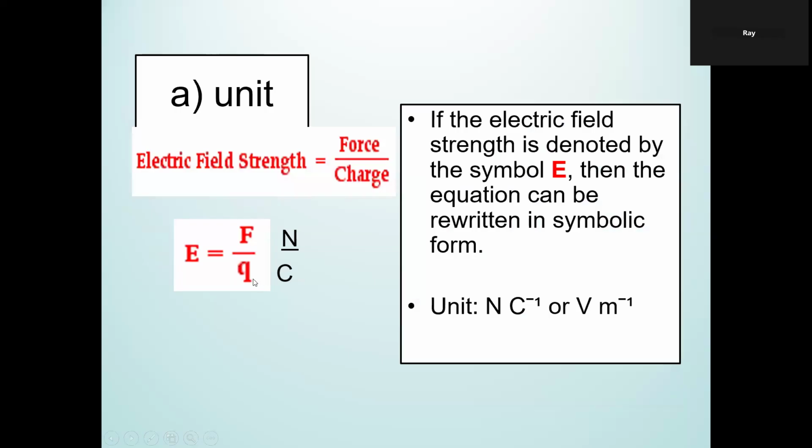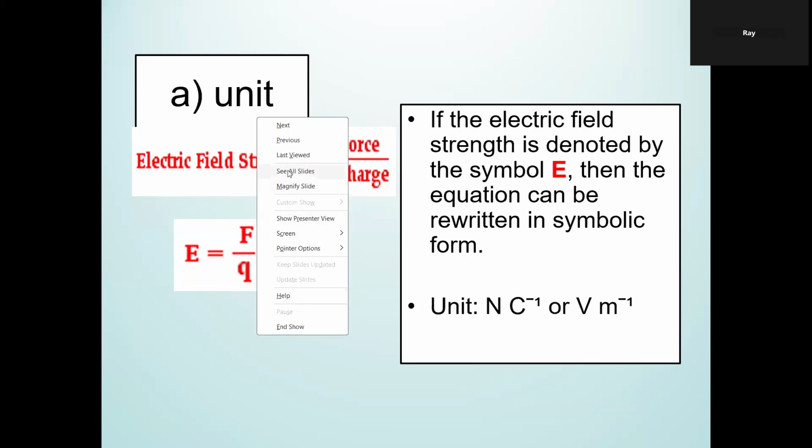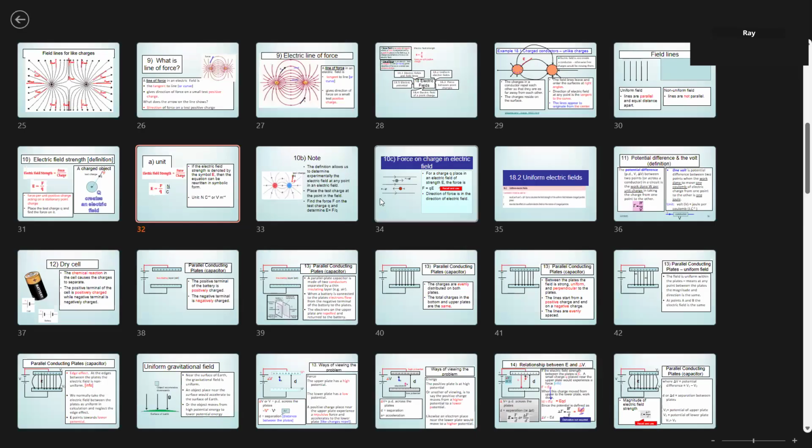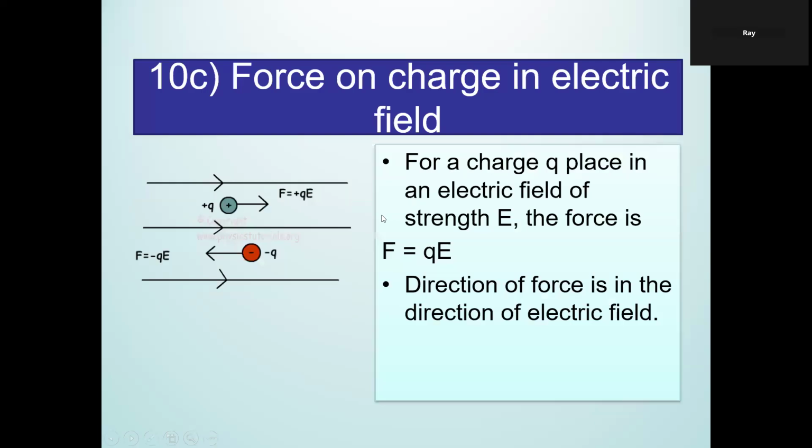If E is given, you can find the force. The direction of force is the direction of the field. We choose a positive test charge, and this direction is the force on the positive test charge. So the force on a positive charge will be in the same direction as the electric field direction.